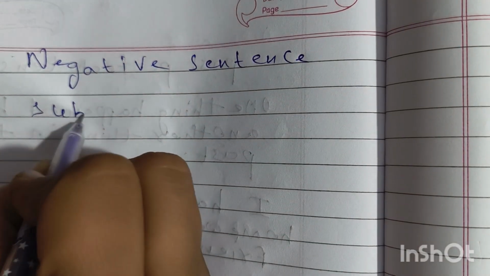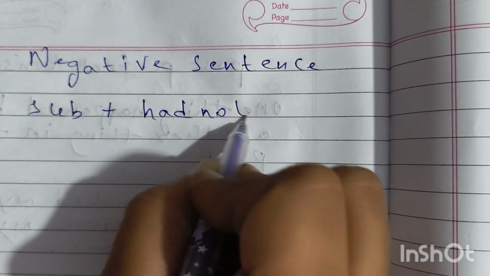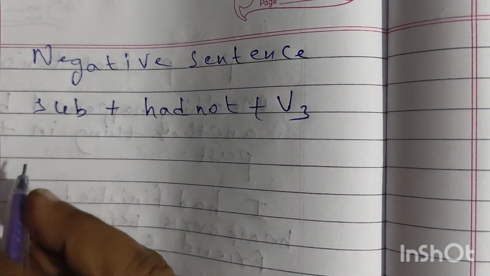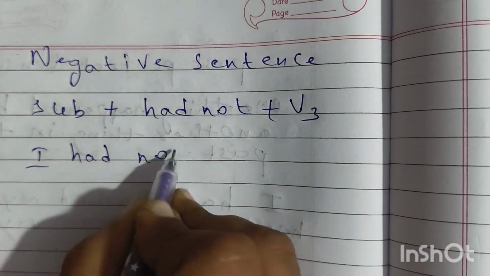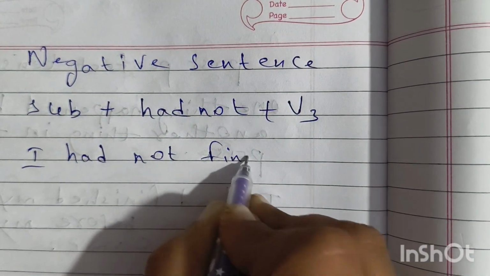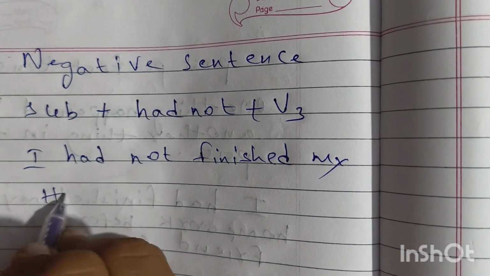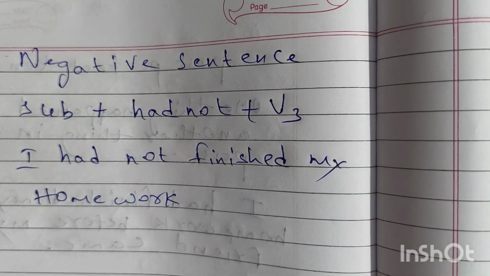Subject plus had not plus V3. Okay, example. What is the example? I had not finished my homework. Right, children? You are able to understand? Yes, because it is negative, we are using here not.